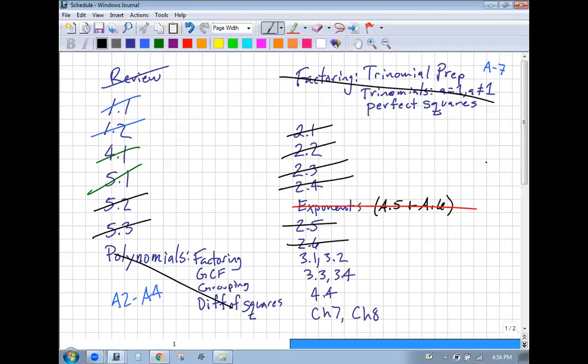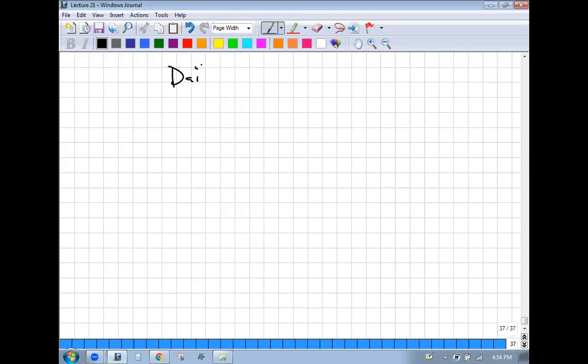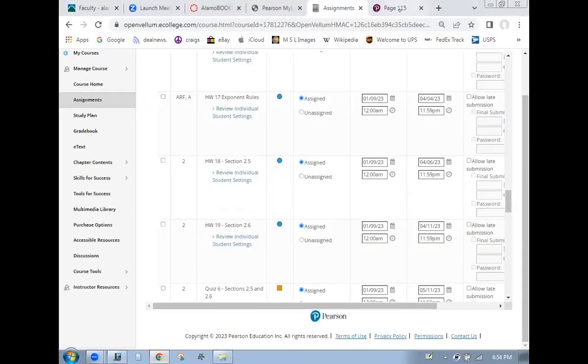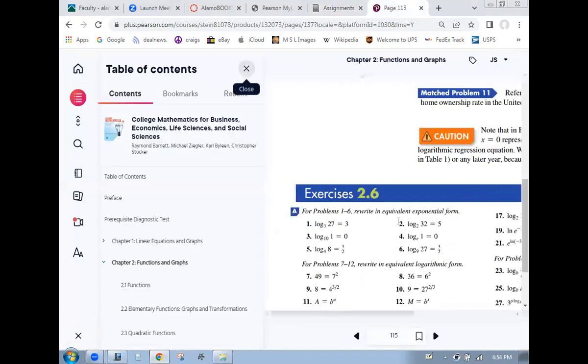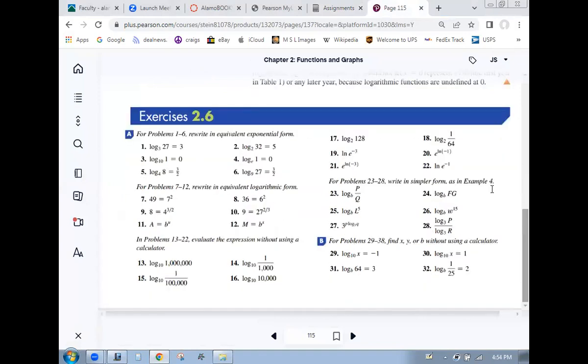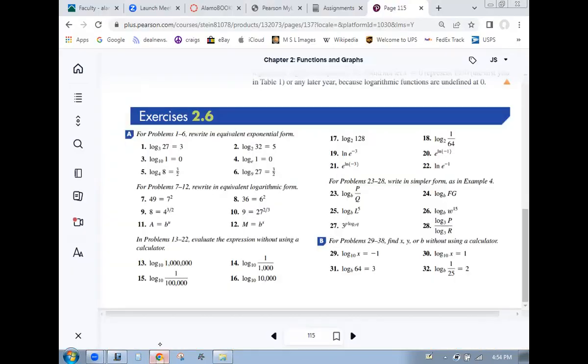And we're basically out of time, so let's do an exam. Daily exam number 21. Solve for x. Solve for x. Let's pick one out of the book here.